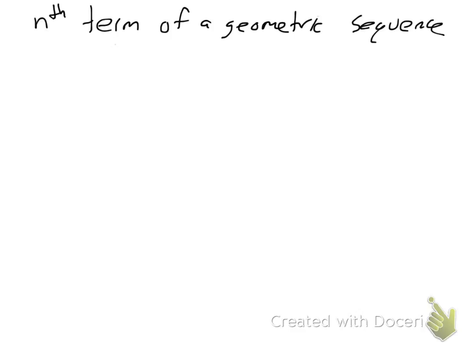Now what we're going to do is find the nth term of a geometric sequence. This is called the explicit formula. If I want to find the nth term, or a sub n, any term of the sequence, it would just be a sub 1 times r to the n minus 1. N is the term we're looking for, r is the common ratio, and a sub 1 is the first term.